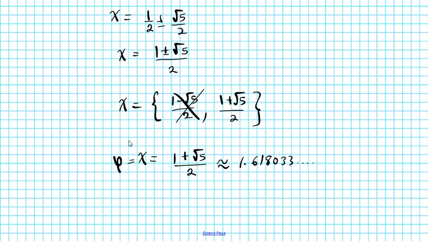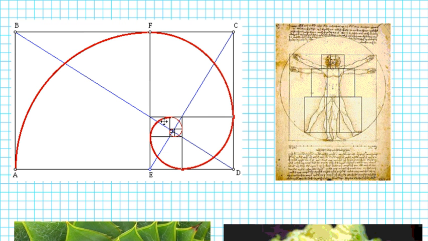All right. So what's cool about this? This is an amazing number. It has a lot of applications. Like this right here. This is a golden rectangle, as you can see, and the pattern continues. This is known as a golden spiral. If you didn't know, this is a golden spiral. And you have that relationship we talked about earlier.